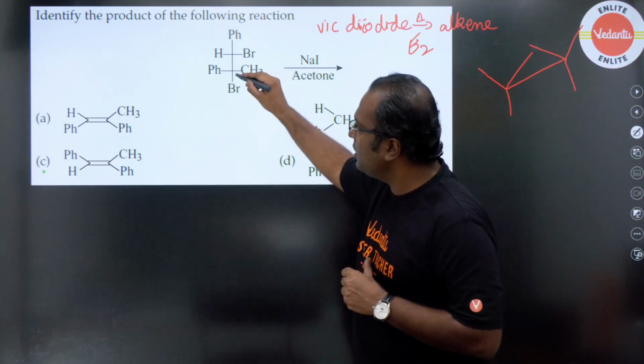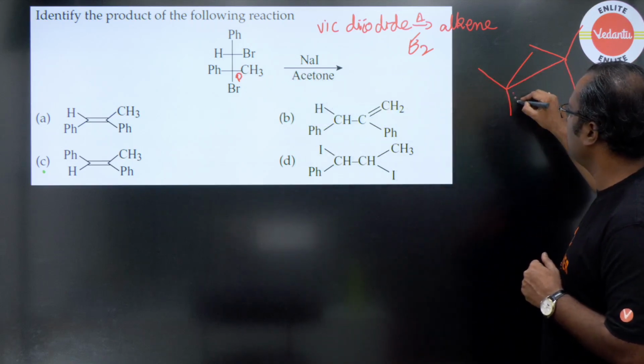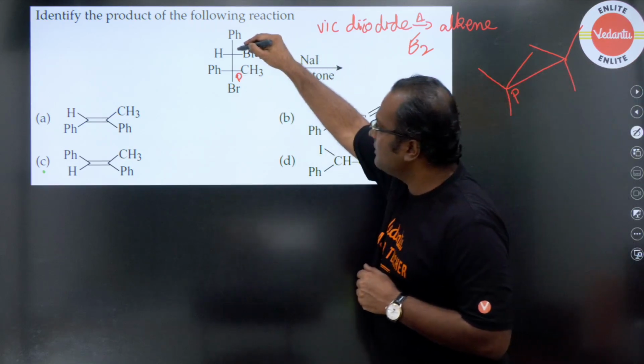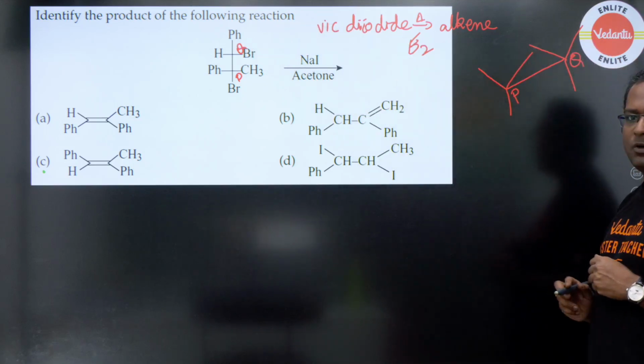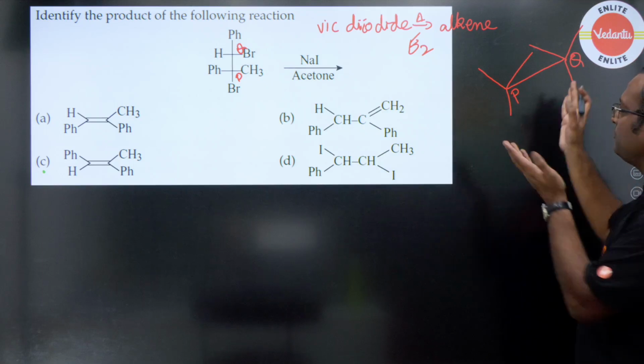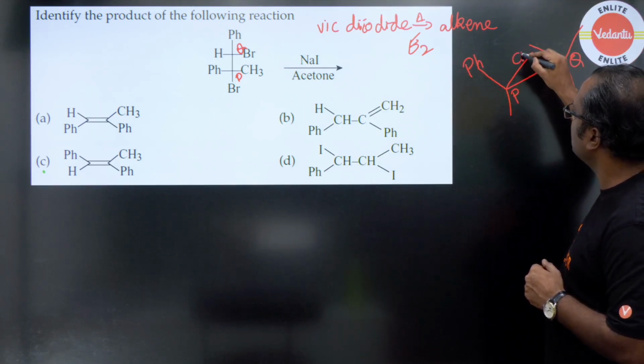If this is your, let's say, carbon atom P, this is P. If this is your carbon atom Q, this is Q. Whatever you see on the sides, put it on the side here. So that's Ph and that's CH3.